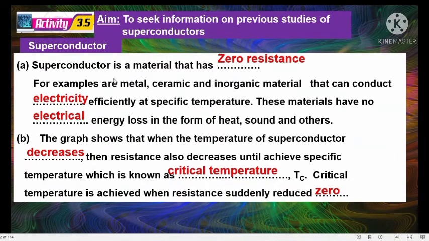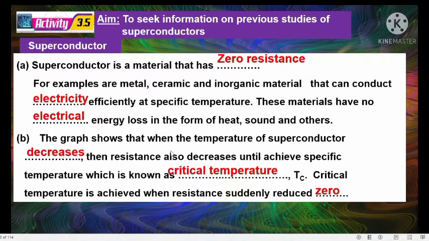Okay, a superconductor is a material that has zero resistance at critical temperature. For example, metal, ceramic, inorganic material that can conduct electricity efficiently at a specific temperature. These materials have no electrical energy loss in the form of heat, sound, and others. You can say zero energy loss.